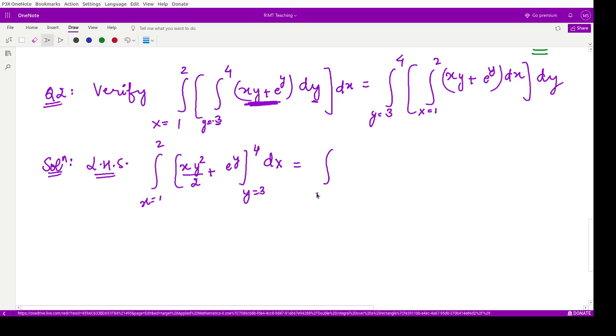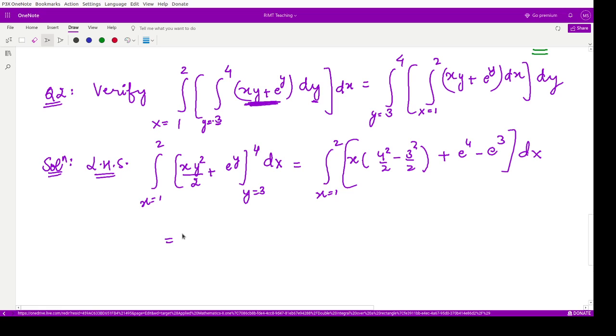Now we can substitute the limits. The upper limit here is x into 4 square by 2 minus 3 square by 2, right? And e to the power 4 minus e to the power 3. So these are the limits into dx.